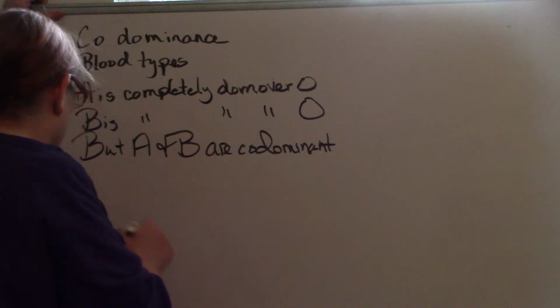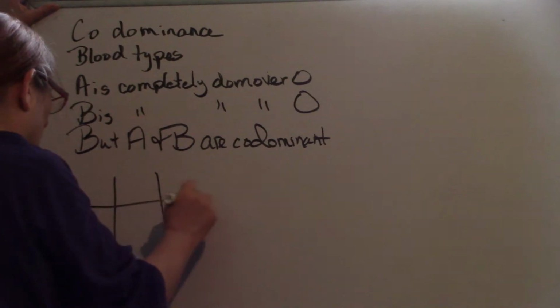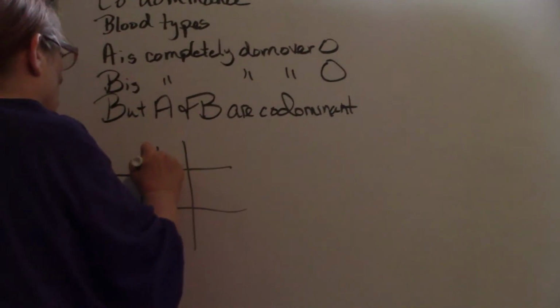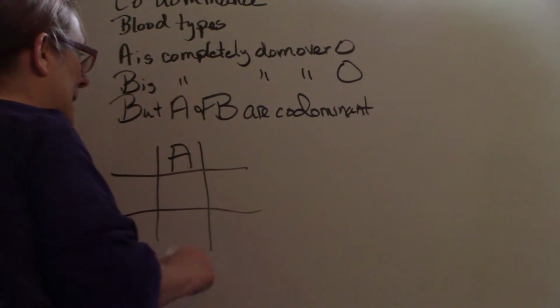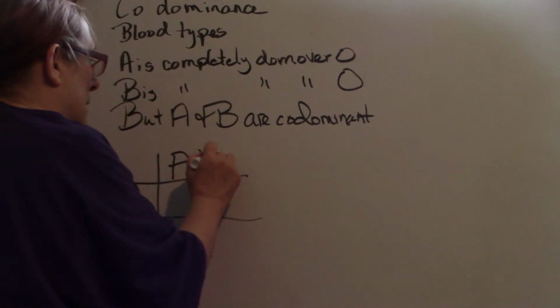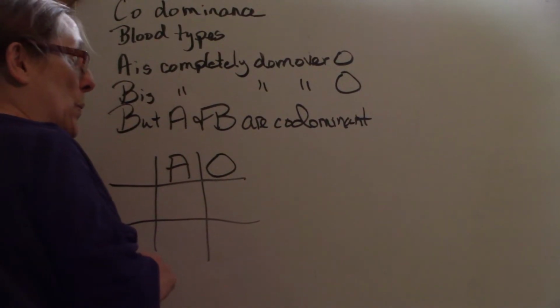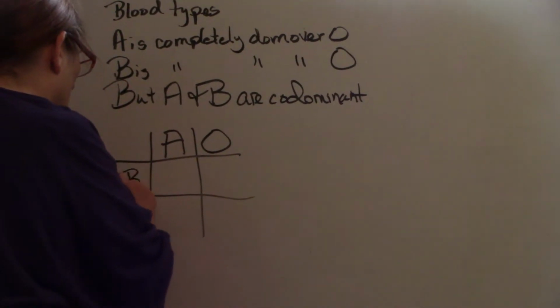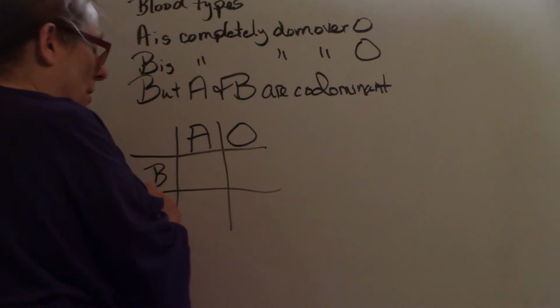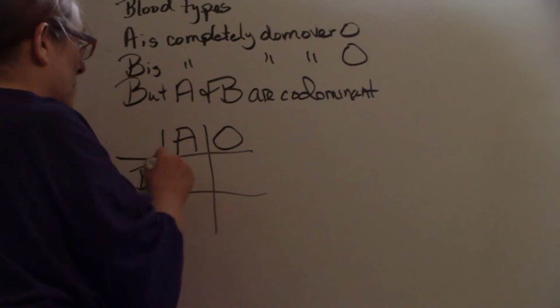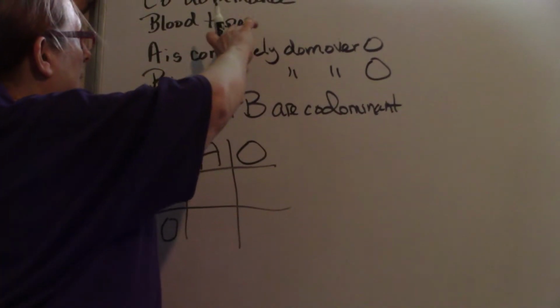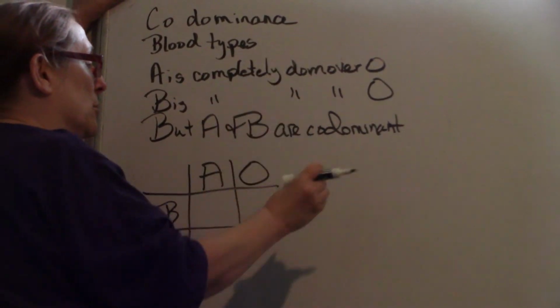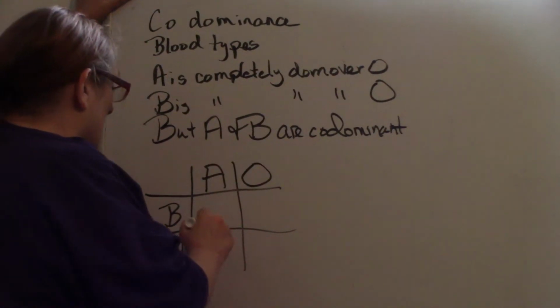So if we take someone who is type A but heterozygous, so that means they're AO, and someone who is type B and they are also heterozygous, so they're BO. Notice I'm not picking just the B and doing big B, little b, because they're codominant.